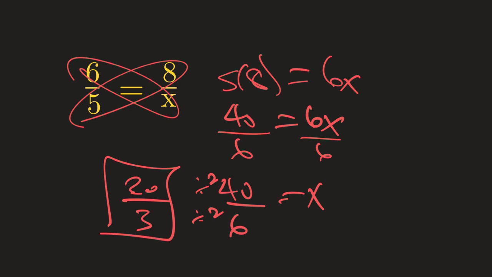And we could. We divided them both by 2. 40 divided by 2 is 20. 6 divided by 2 was 3. 20 over 3 makes these two ratios proportional. When 20 over 3 goes in here for x, these two ratios are now considered proportional. That's what we're trying to find: the missing value which makes these ratios proportional.